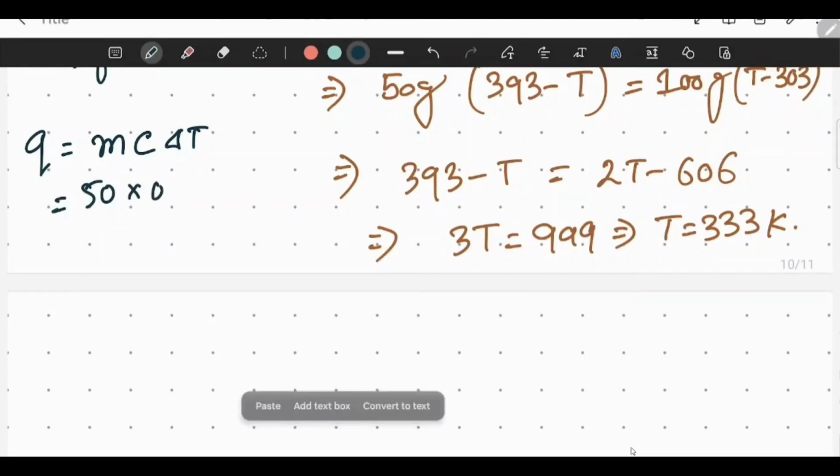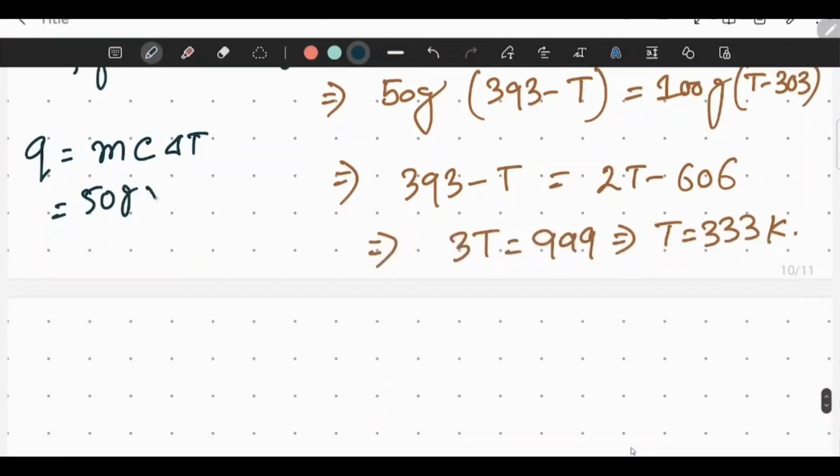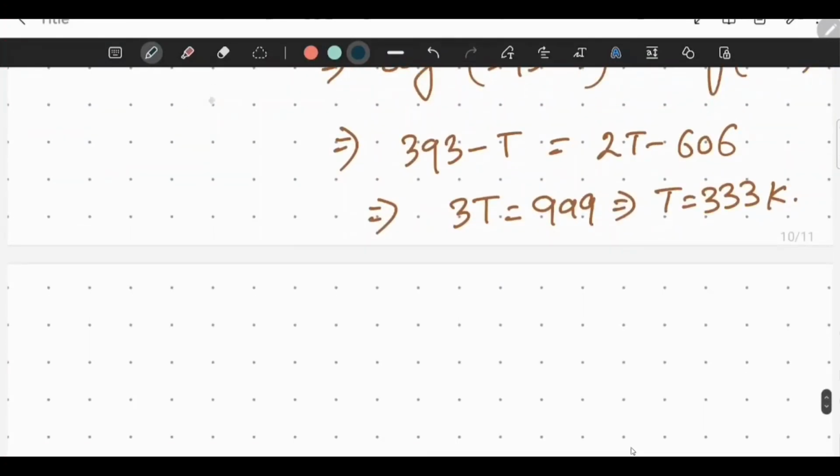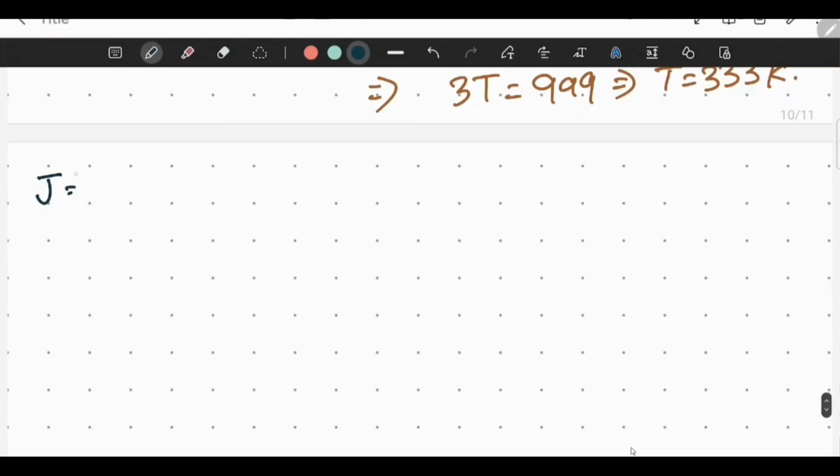C is 0.4184, everything is in gram. So Q will be M C del T.